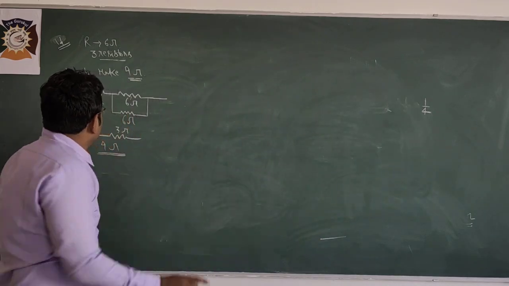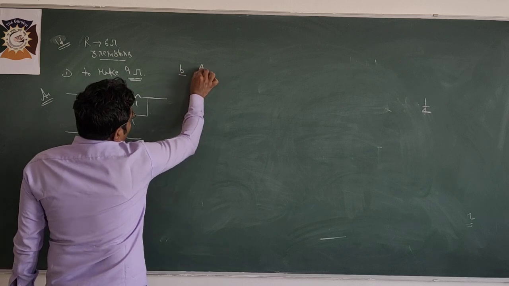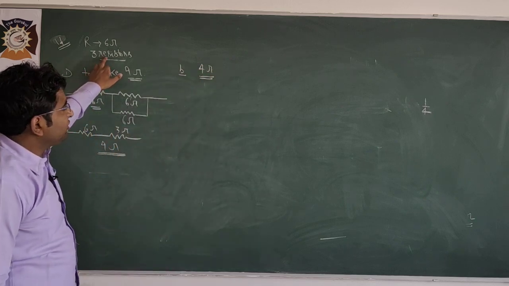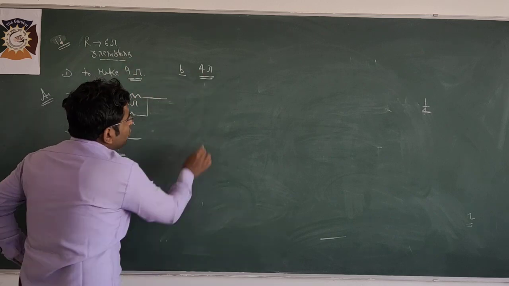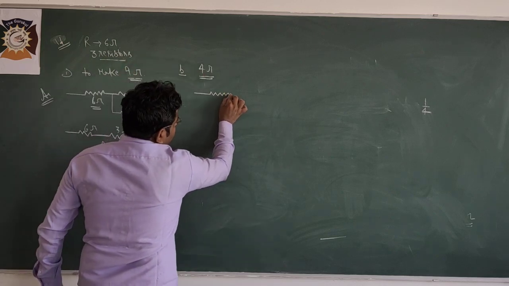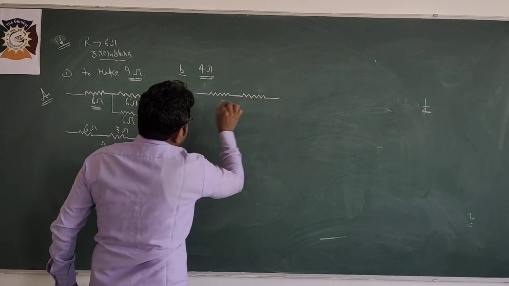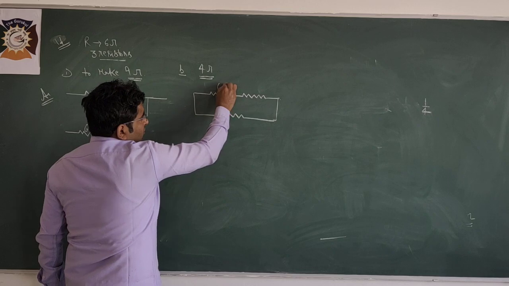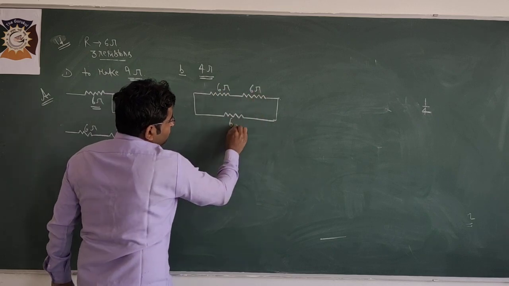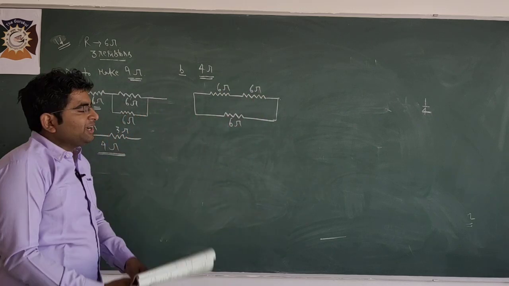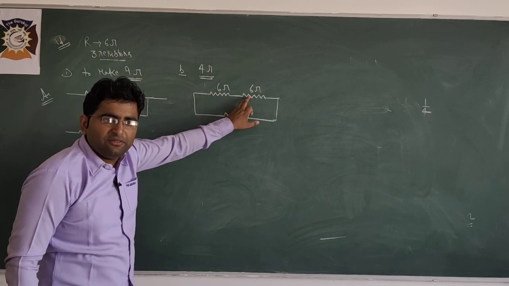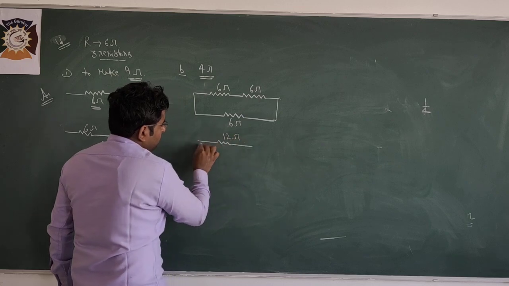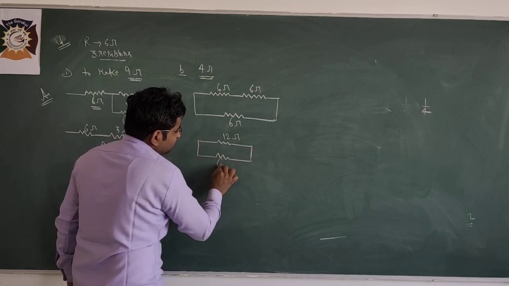Students, look, B part, 4 ohm. If you want to combine 3 resistors to make 4 ohm, then you have to combine them like this circuit. Look, 6 ohm, 6 ohm, 6 ohm. You can check: 6 plus 6 is 12, in parallel with 6.